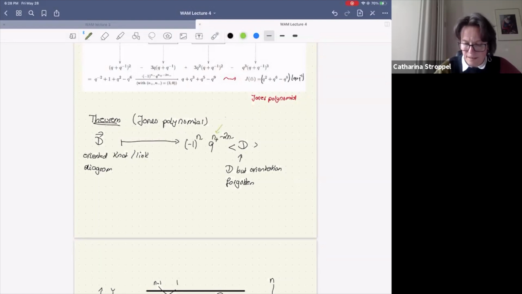So n plus is the number of positive crossings, whatever this is, I will say in a second. And n minus is the number of negative crossings.